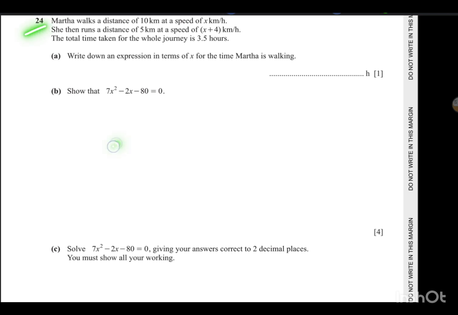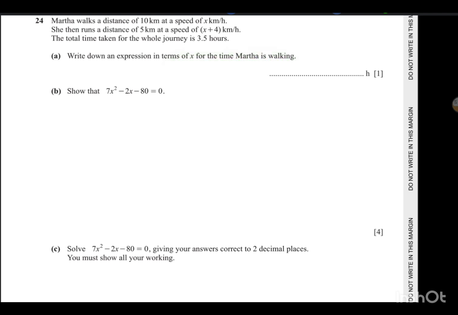Question number 20. Martha walks a distance of 10 kilometers at a speed of x kilometers per hour. She then runs a distance of 5 kilometers at a speed of x plus 1 kilometers per hour. The total time taken for the whole journey is 3.5 hours. Question A. Write down an expression in terms of x for the time Martha is walking.